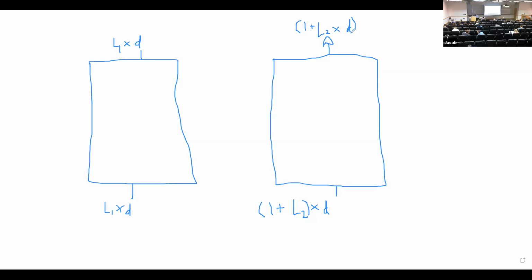Okay, so now we're going to look inside. We start with splitting our input into 3 copies, and each of those copies will be the same size as the input.